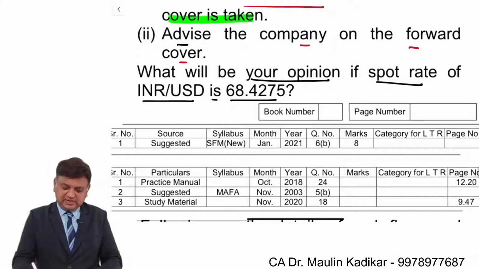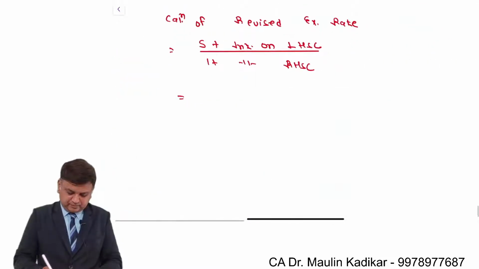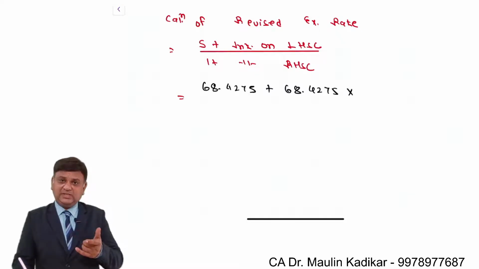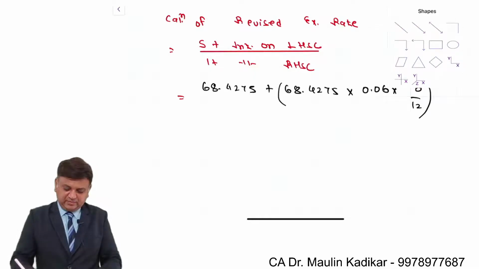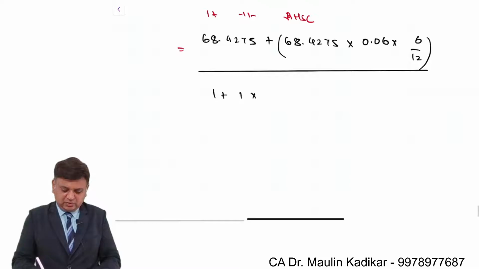Importantly, you can see that they have changed the spot exchange rate: 68.4275 plus 68.4275 into what is the rate of interest? 0.06 into 6 divided by 12, whole divided by 1 plus 1 into 0.02 into 6 divided by 12.